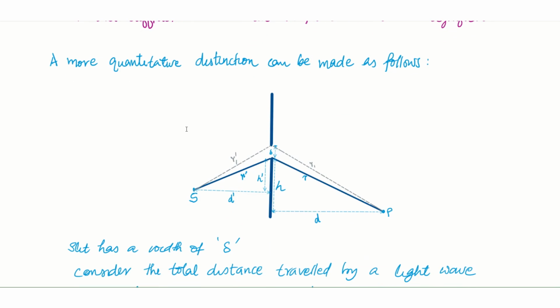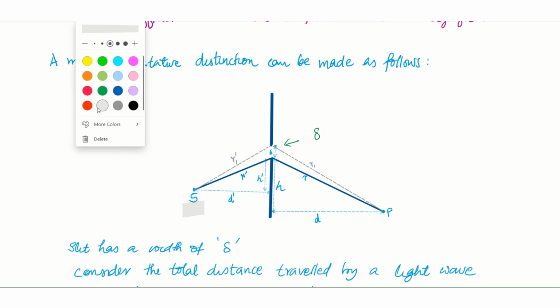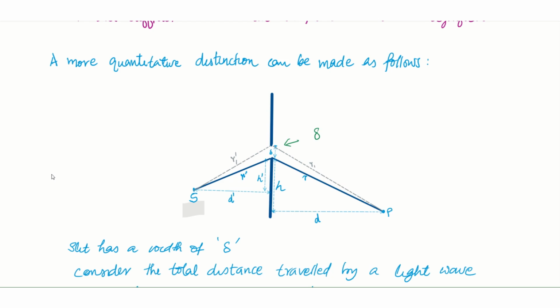If you look at the picture, we have a slit which has a width of delta, and I have a source at a distance of r prime from the slit.